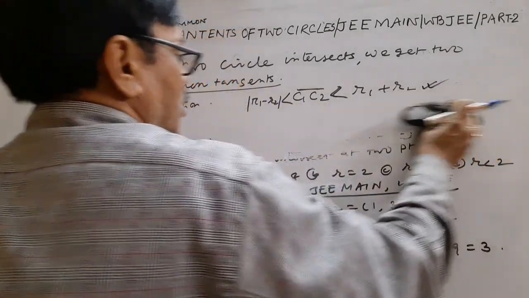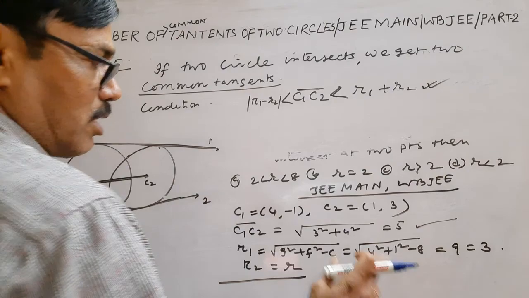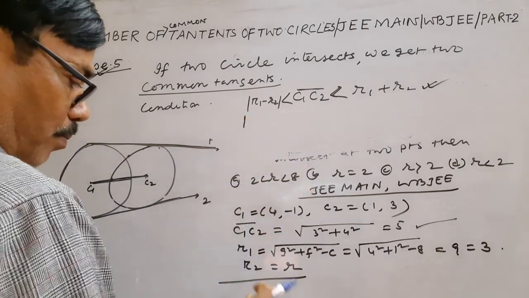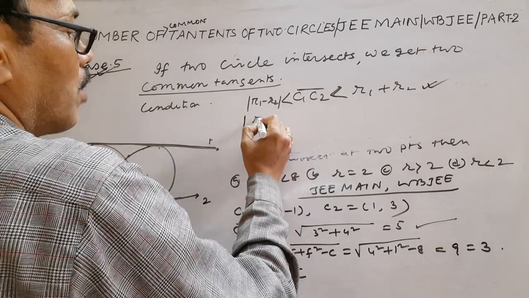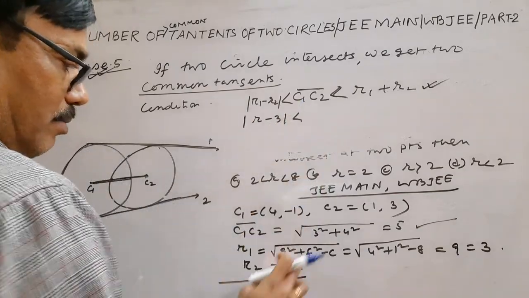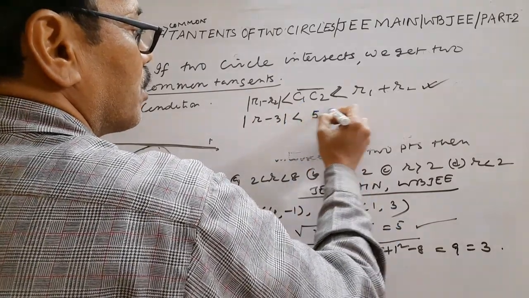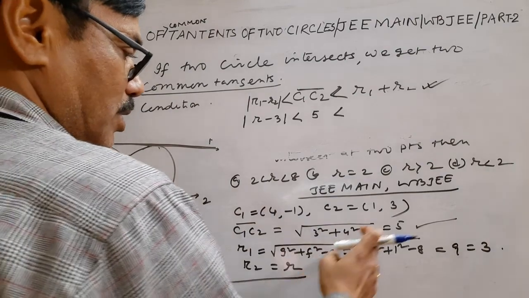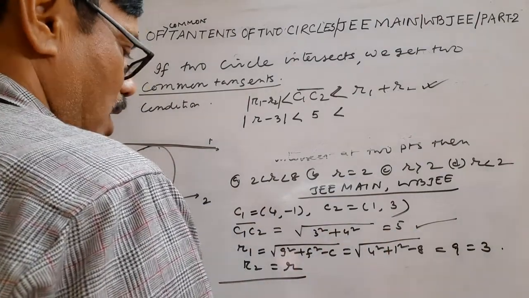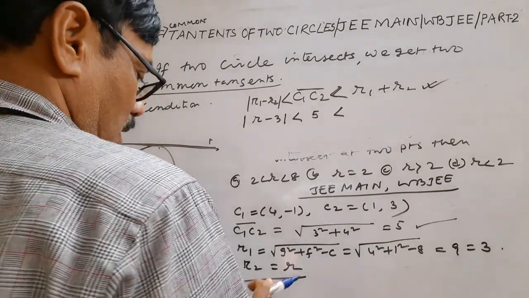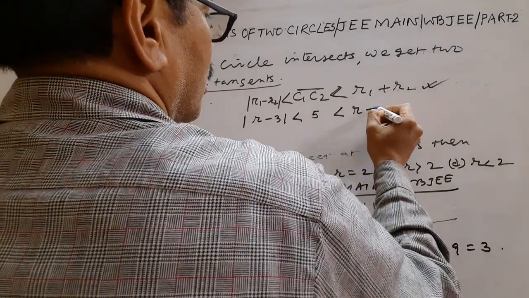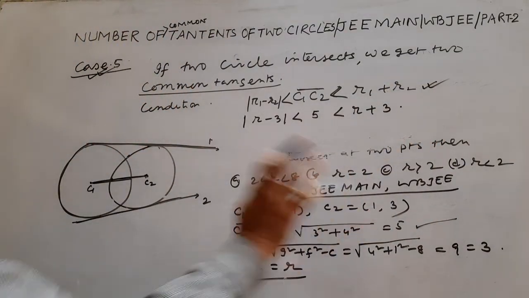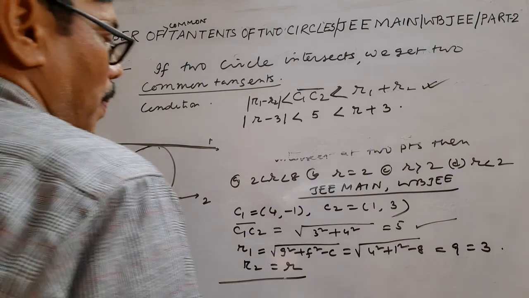So we get this condition: mod of R1 minus R2, that is mod of r minus 3, is less than C1C2, which is 5, and that is less than R1 plus R2, which is r plus 3.